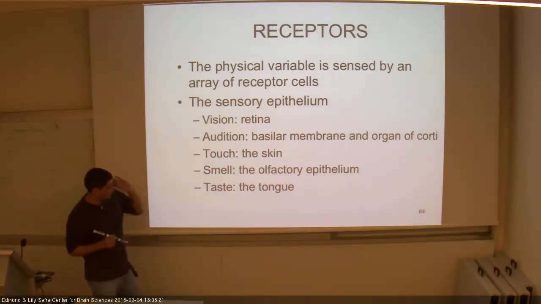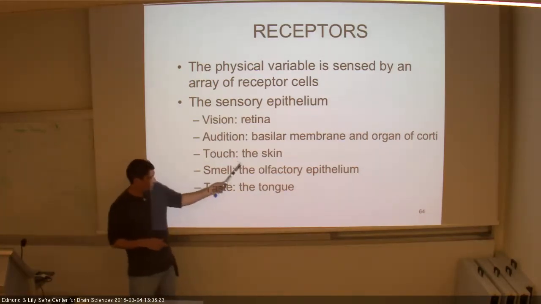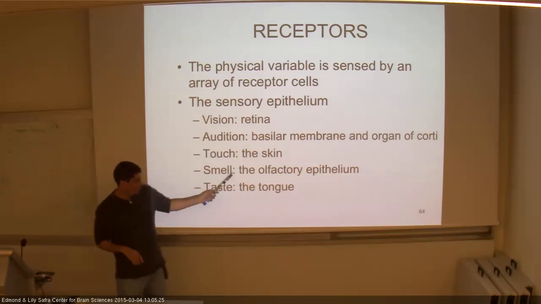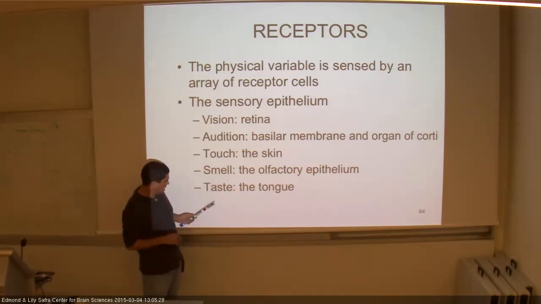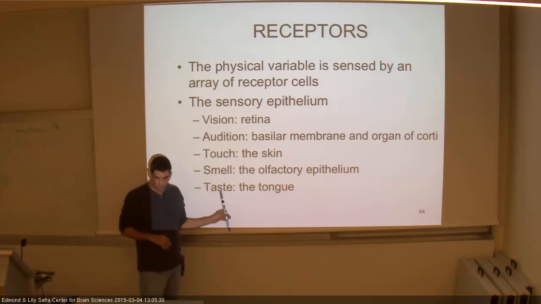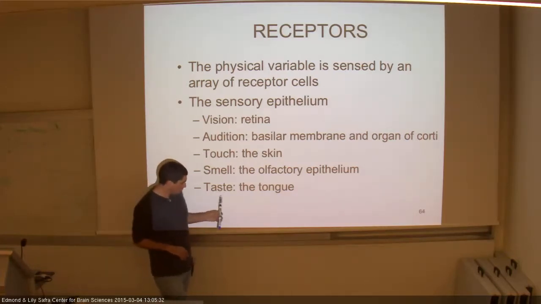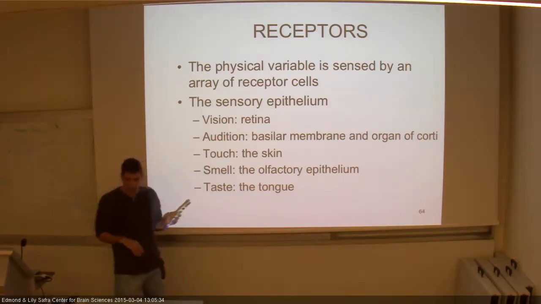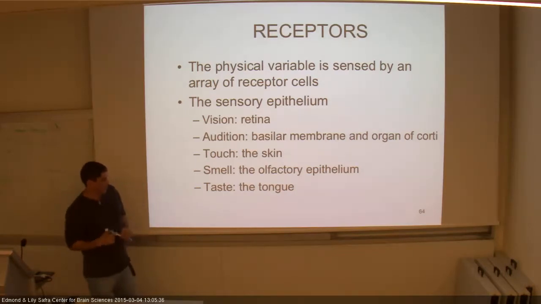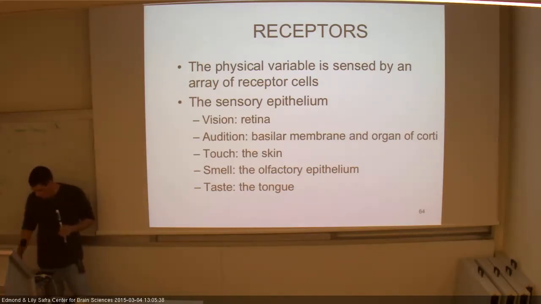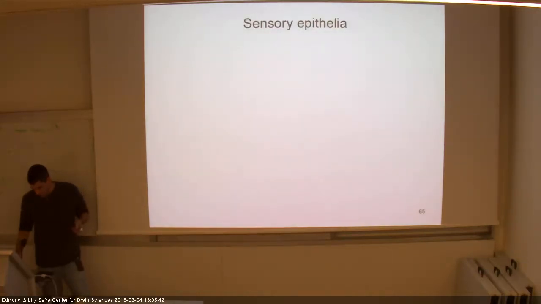We'll talk about that later on. In touch, it's the skin. In smell, it's the olfactory epithelium in the nose. I think we will not have time to talk about the tongue, although there has been great progress in understanding the taste system. Very cool. And maybe we will get to that if I have time, but I'm not sure.